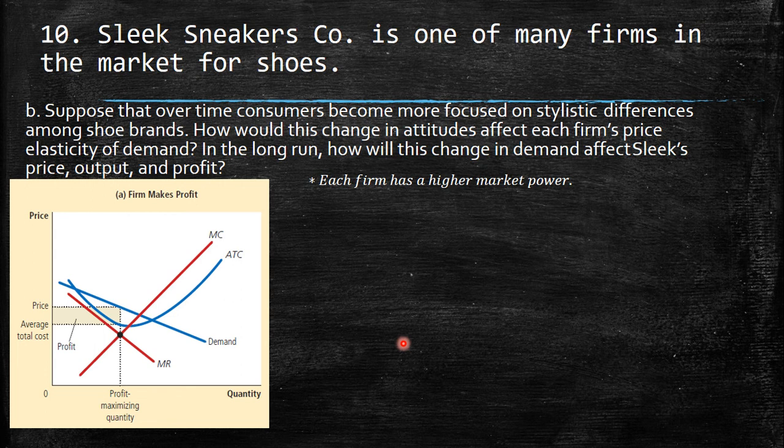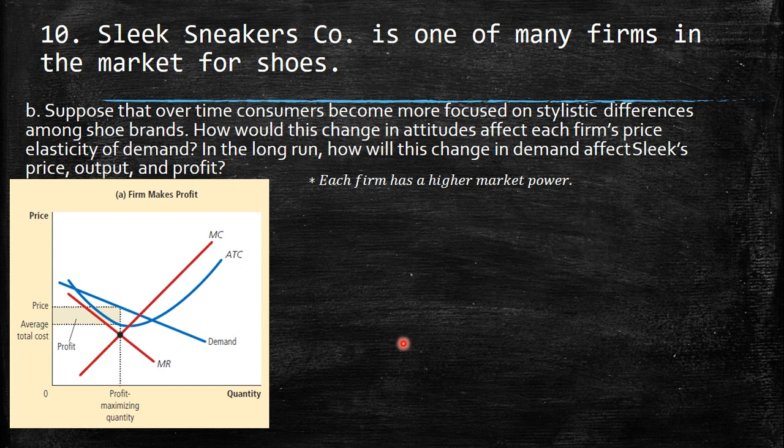When people are more interested in stylistic differences, it means each firm is more differentiated, and automatically, when each firm is more differentiated among the other firms, they can fix a higher price, because people say, okay, I'm going to buy from this company, and this is really different from the other ones, so I will be more willing to pay more.